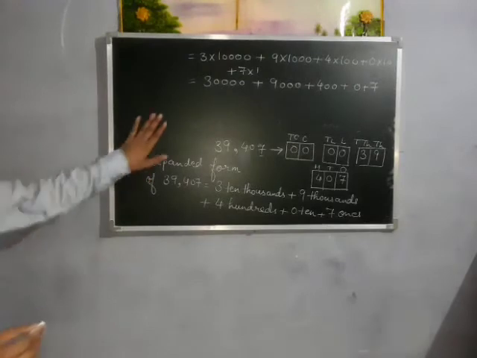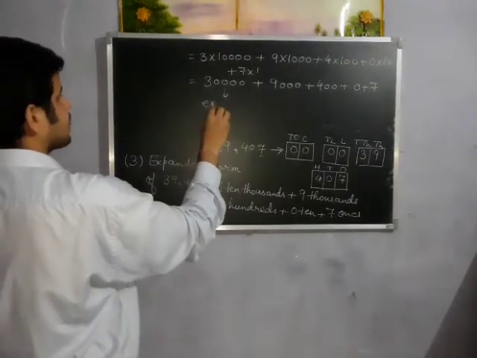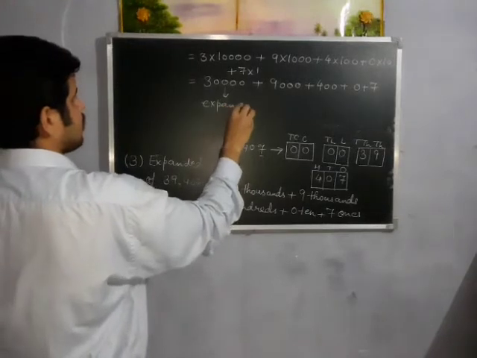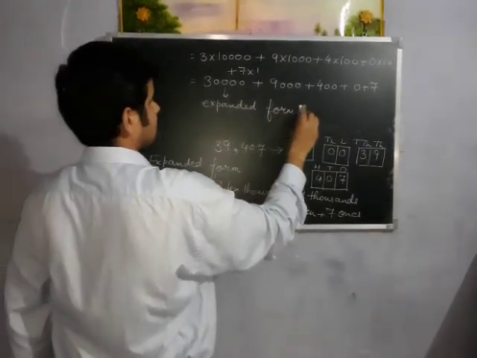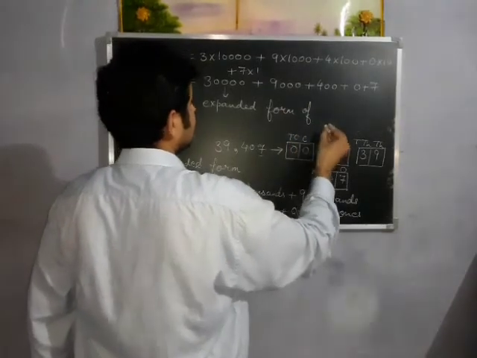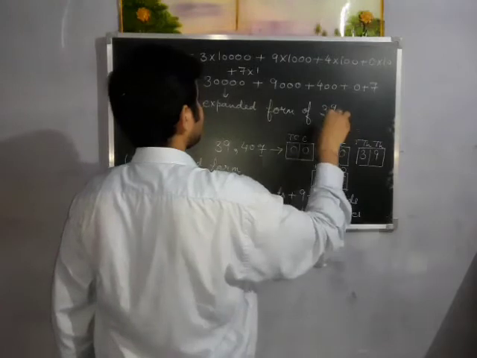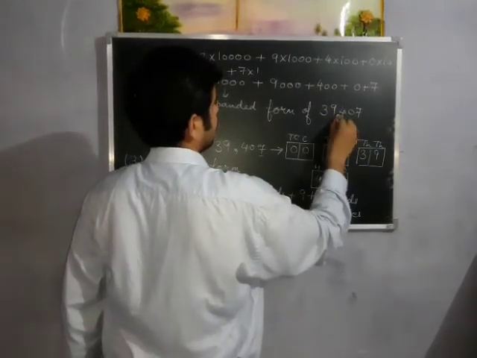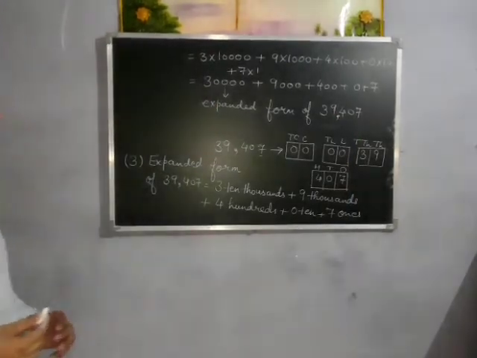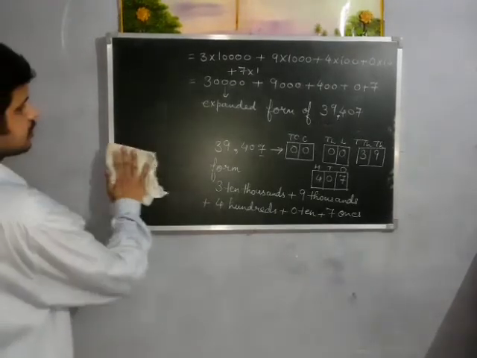So students, this is the expanded form of 39,407. And after expanding we will discuss how to write its number name.